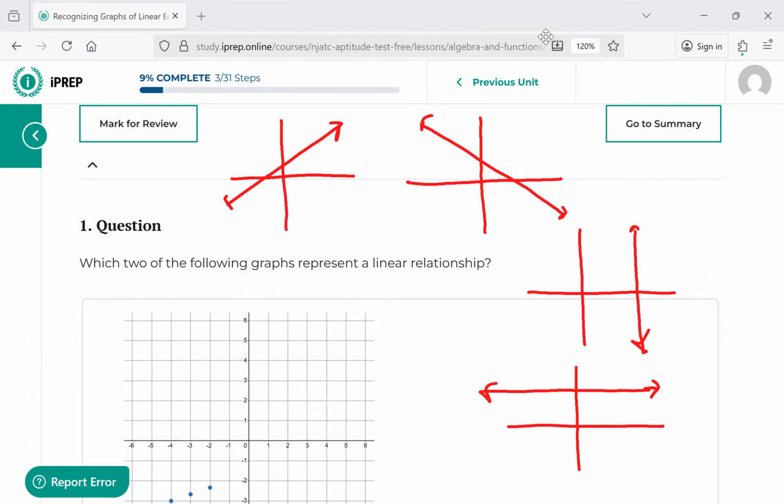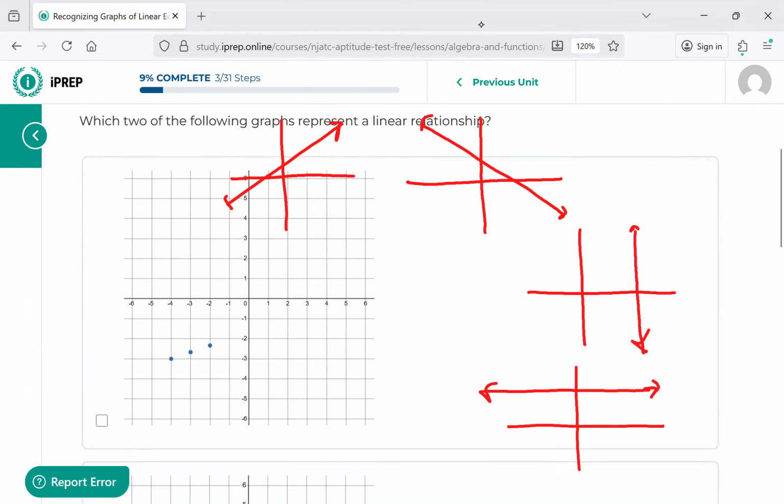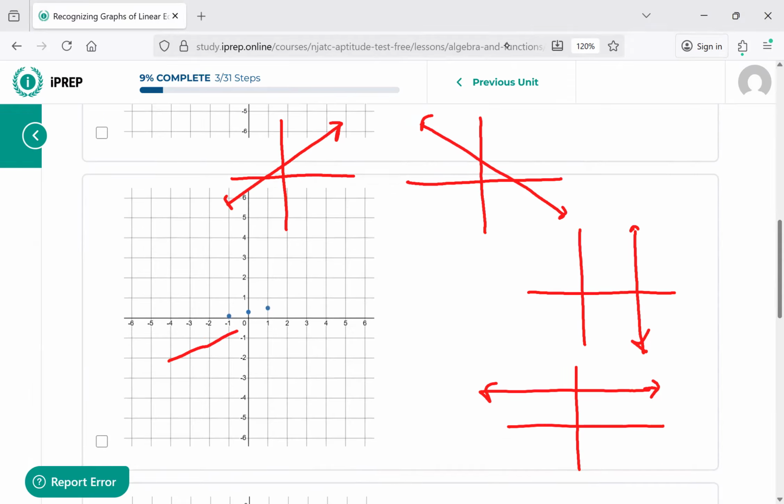Let's look at the first question. Does that look like a linear function? If I connect the dots, I think it is a linear function. It's just positive. Let's look at the other ones.